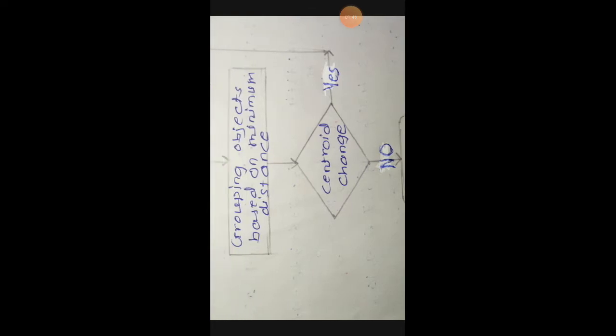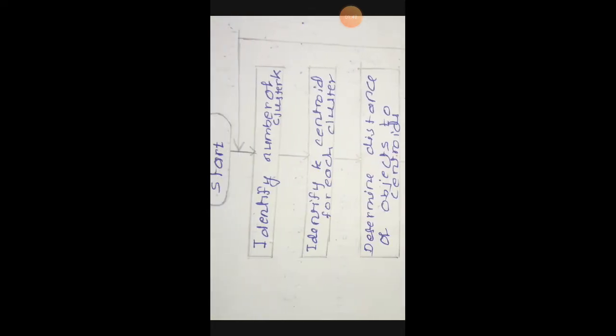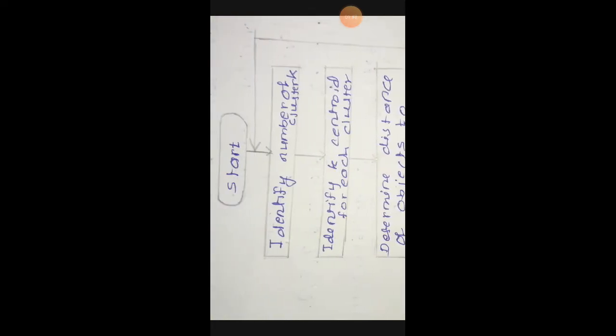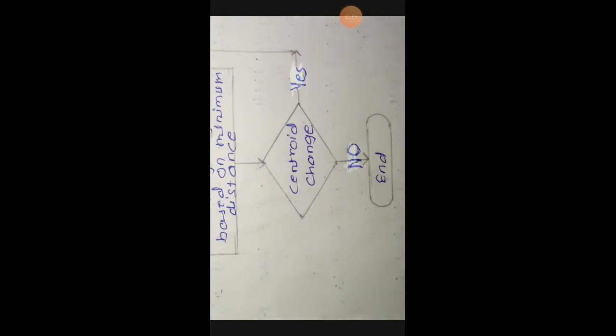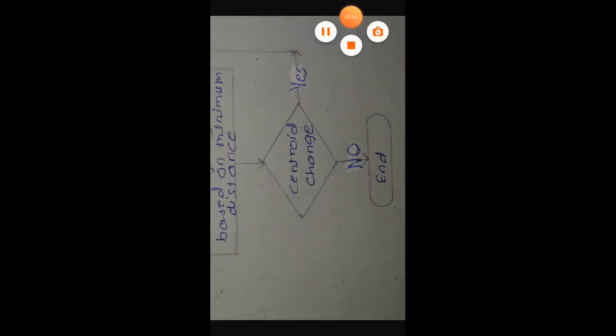And if the centroid is changed, then again go to the first step, identify the number of clusters k and do the same procedure, following all the steps again until you get the same centroid as previous. So this is the algorithm of K-means clustering.